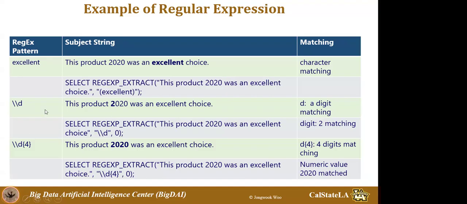Now, the second pattern is using double backslash and d, where d is a digit to match. Okay. So if you want to call the subject string and the pattern double backslash d, then you can find the digit.